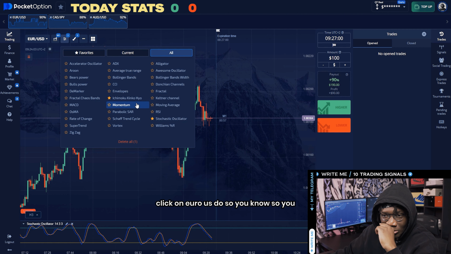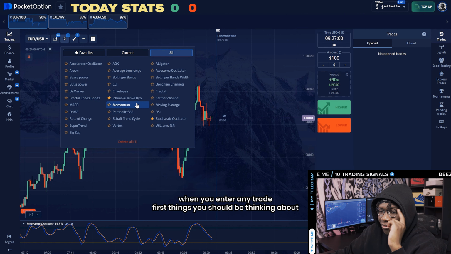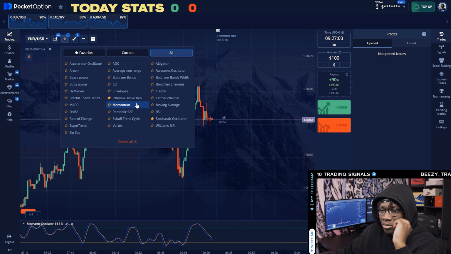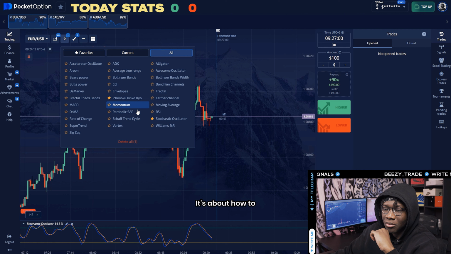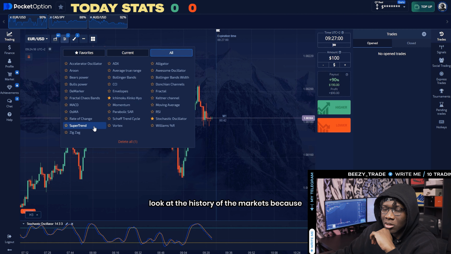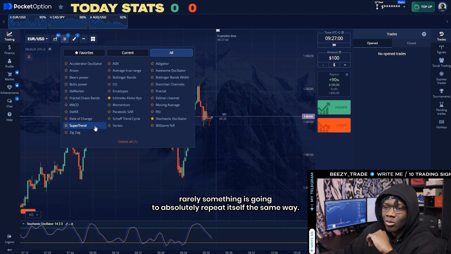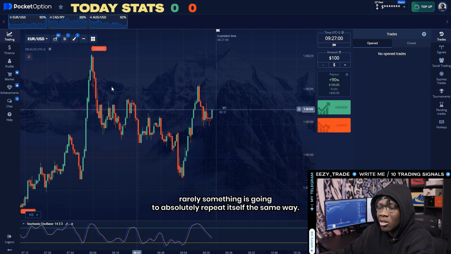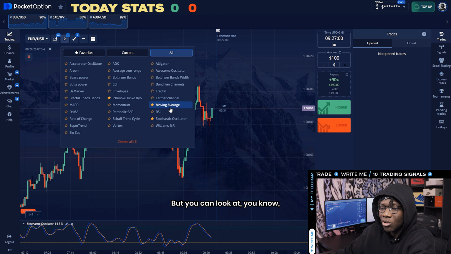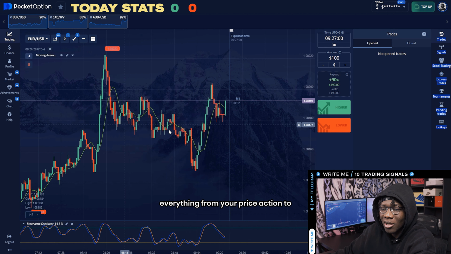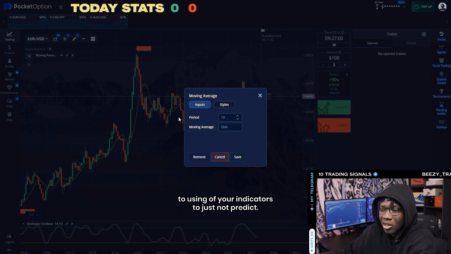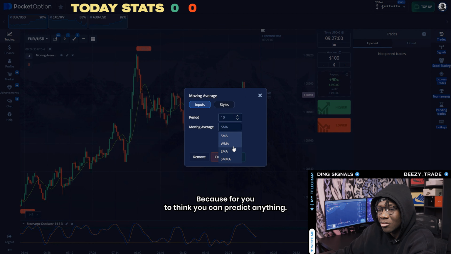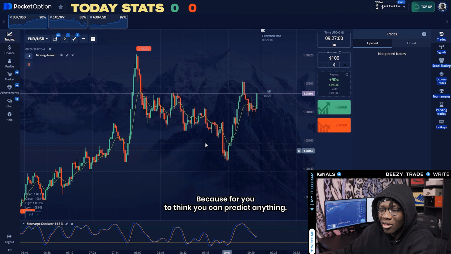I always tell you, when you enter any trade, the first thing you should be thinking about is not what indicators you're going to use. It's about how to look at the history of the markets, because rarely does something absolutely repeat itself the same way. But you can look at everything from your price action to your indicators to just not predict, because who are you to think you can predict anything, right?